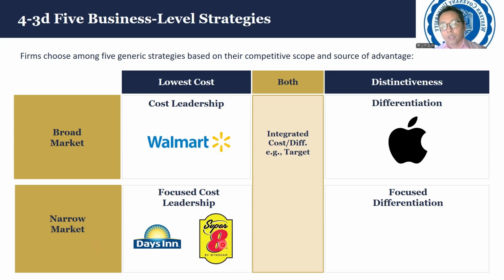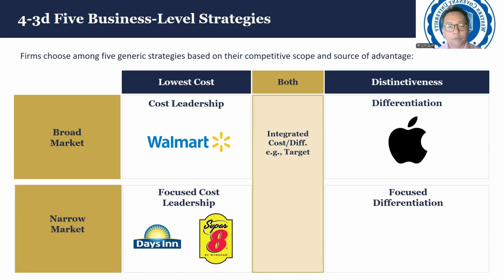Super 8 is focused on individual travelers, long-distance drivers, and business travelers. So usually they're just one person or two persons. These customers often need a basic, reliable, and low-priced room for a short stay. Therefore, both brands are narrow market plus low cost. But Days Inn is easier to explain as family focused, while Super 8 is individual traveler focused.